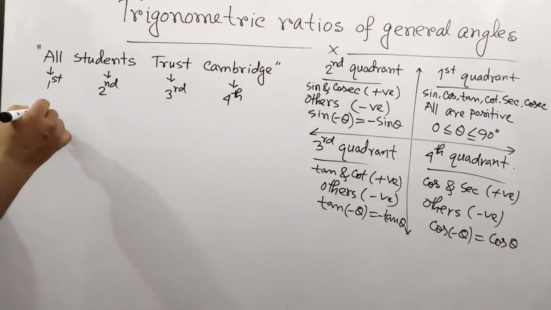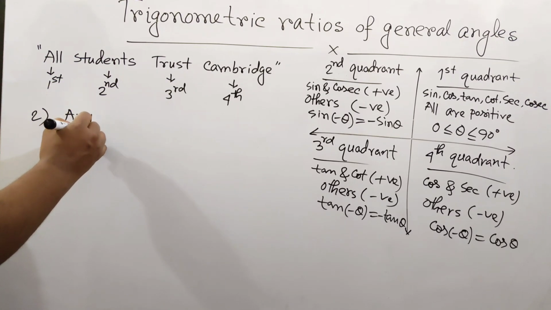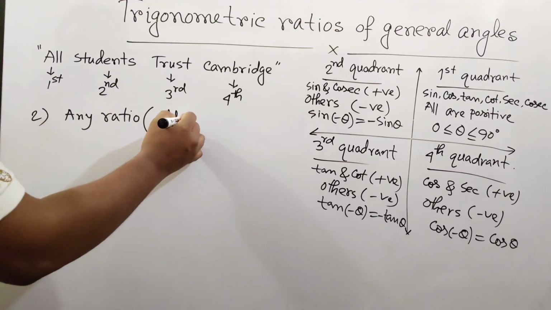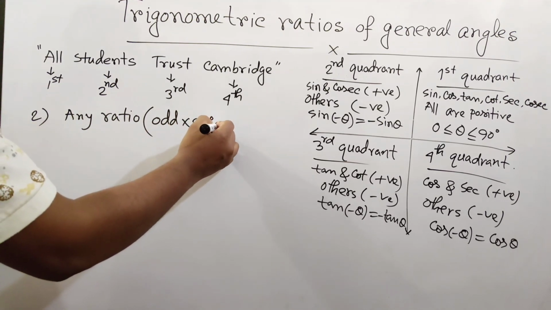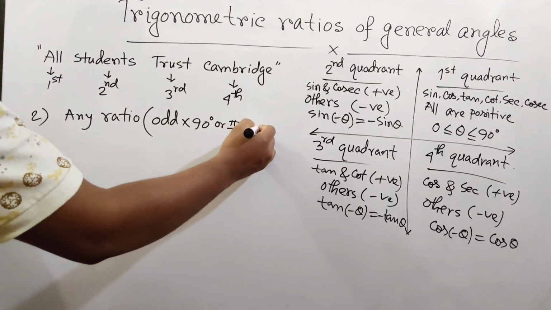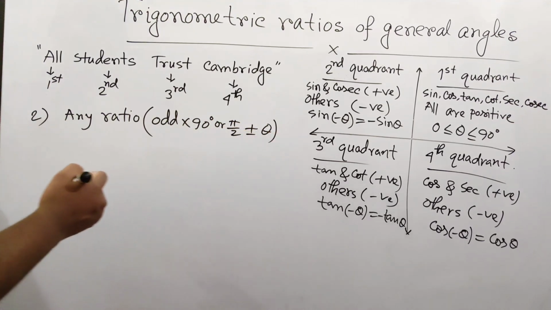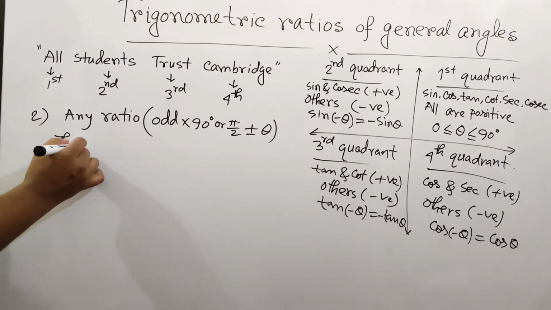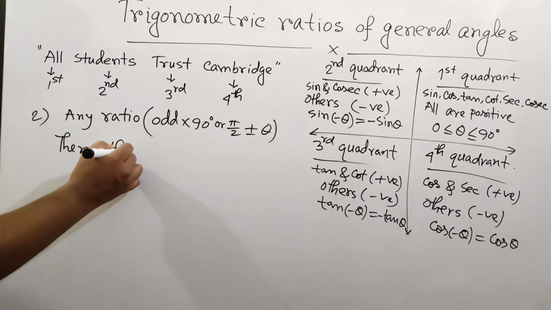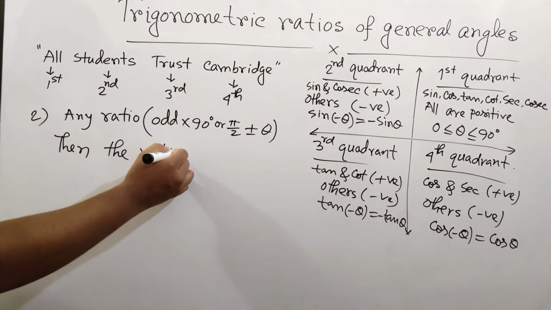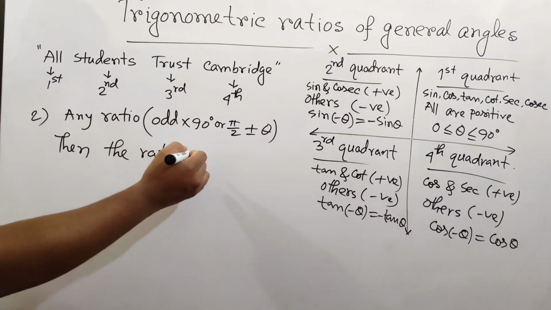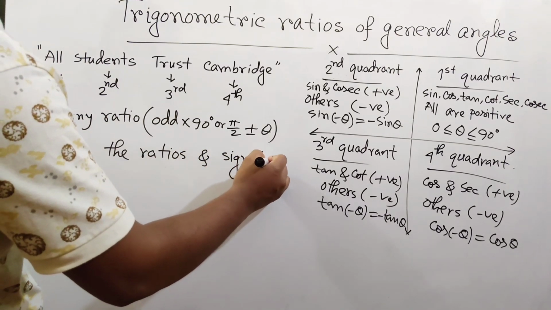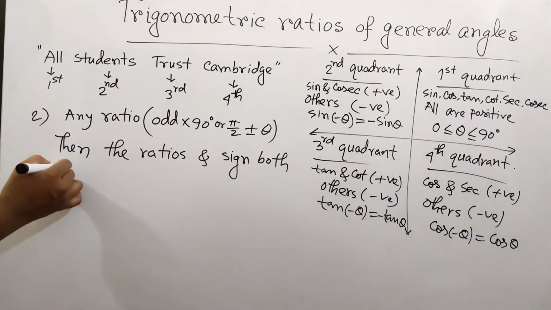Number 2. Any ratio of an odd multiple of 90 degrees or pi by 2, plus or minus theta: then the ratio and sign both will be changed.